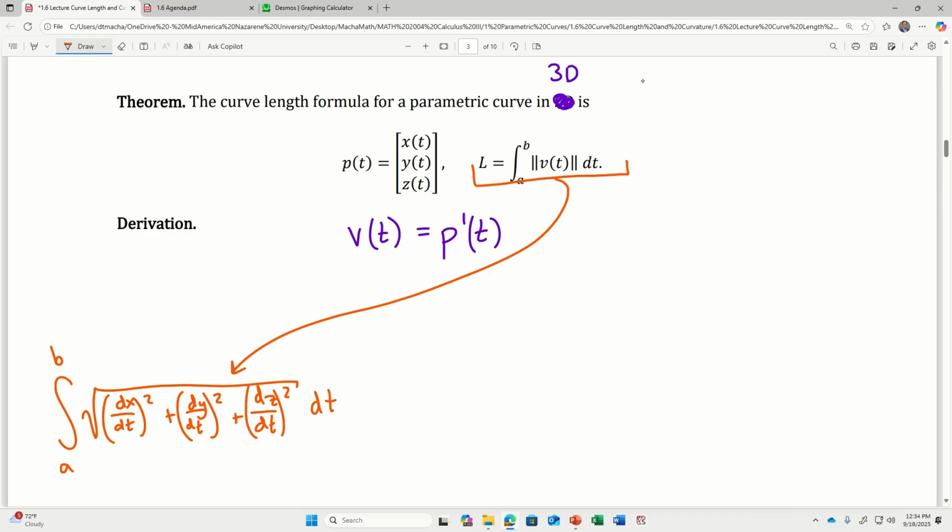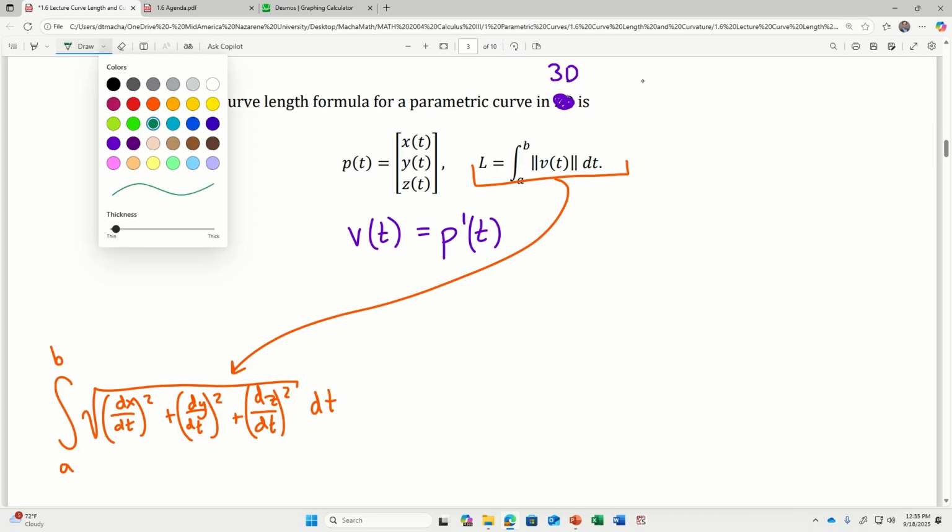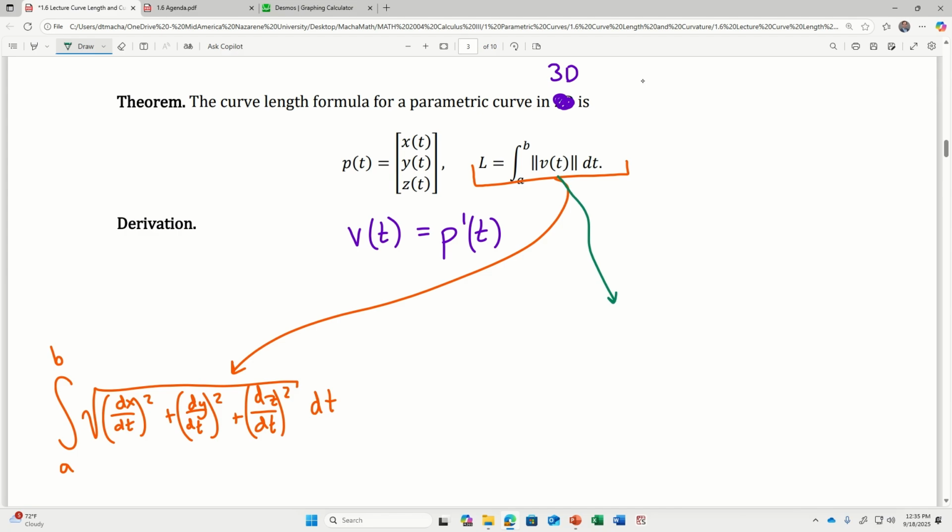Because that's how you take a norm, and I took the derivatives because we're talking about the derivative vector. And that looks the same as what we just saw before with the two-dimensional curve formula. So maybe you just convince yourself that, yeah, the Pythagorean theorem still works in 3 dimensions, and that's how it should work.